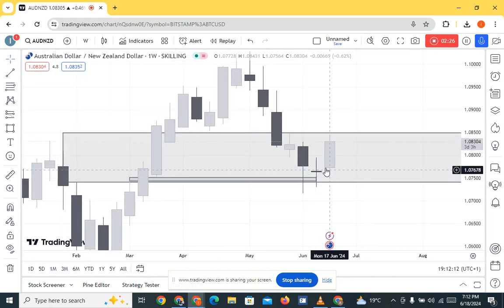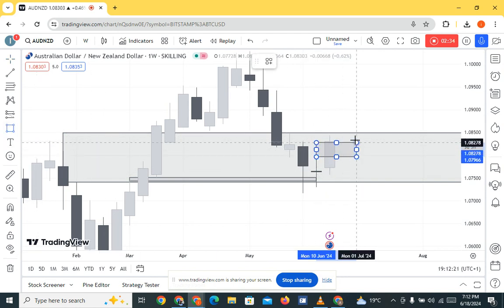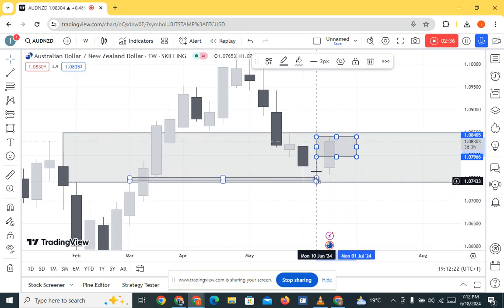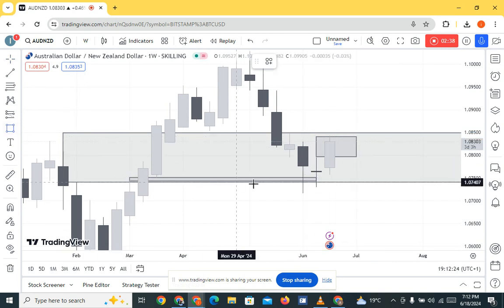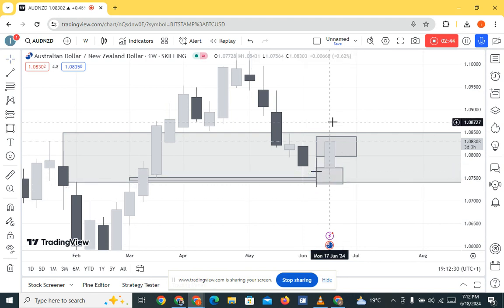After this respect candle, we get a consolidation candle, and after the consolidation candle, we get an expansion candle. With this expansion candle, we can say that there were fair value gaps down here. Price just tapped into it on the daily and then boom, went up.